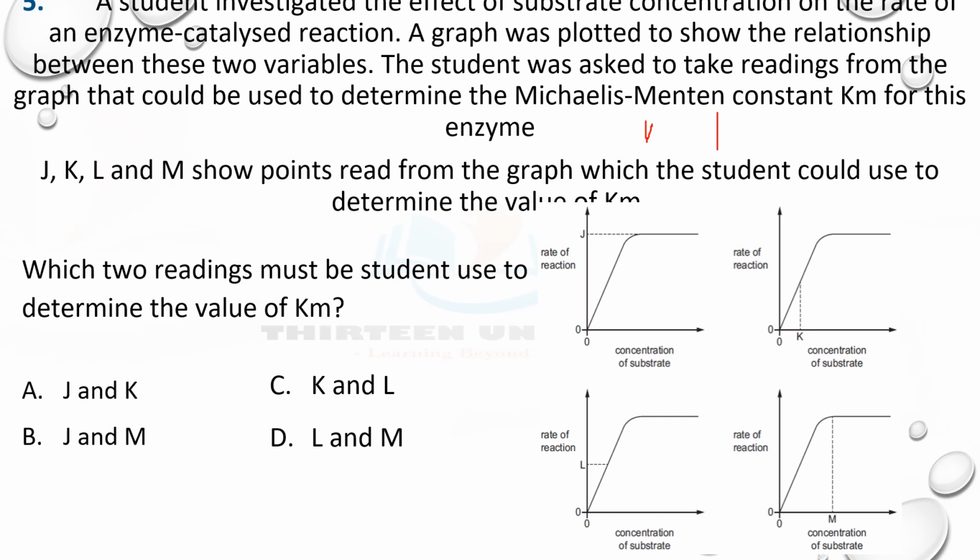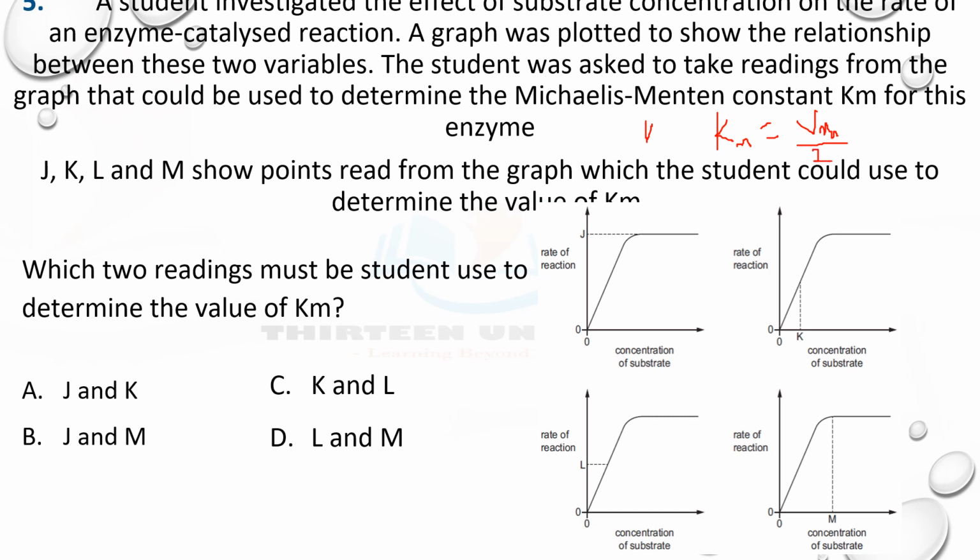Km is equal to the substrate concentration at half Vmax, where Vmax is the maximum rate of reaction, so Vmax over 2. That's the idea behind Km.